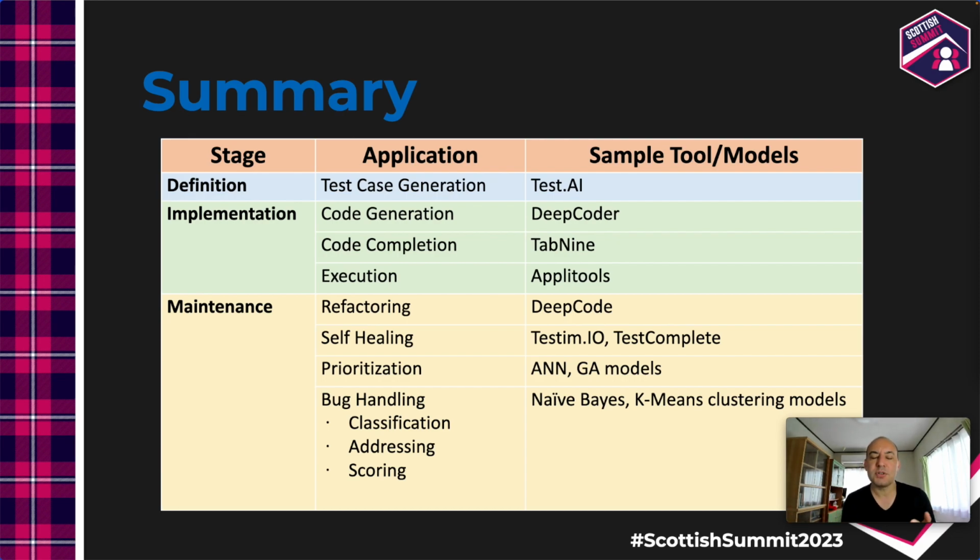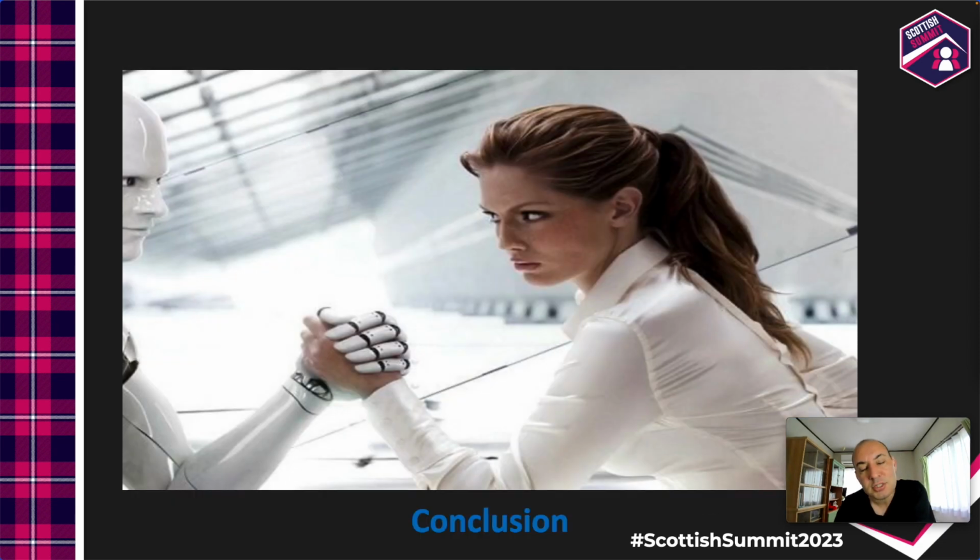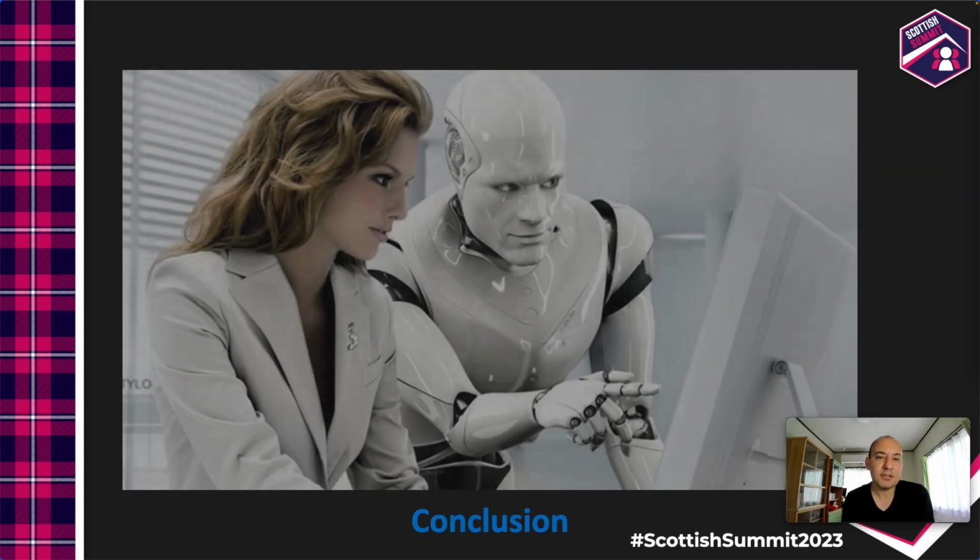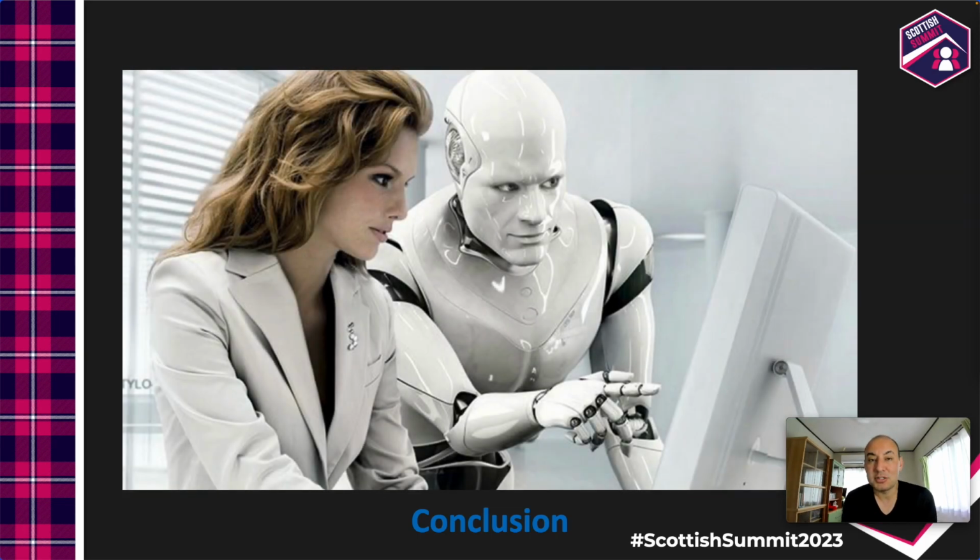So there are lots of different things that we can do with the support of machine learning algorithms. Nowadays we are discussing a lot about whether we can replace the human testers or maybe even the developers with machine learning algorithms, right? But maybe our conclusion would be, why not make a collaboration instead of just trying to make a replacement?